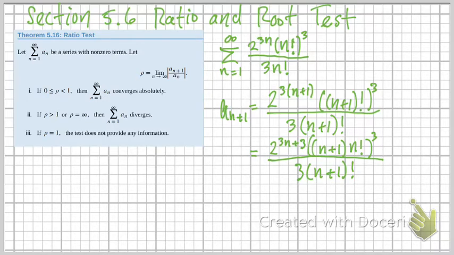So if we take rho equaling the limit as n goes to infinity, on the top it's going to be all that a sub n plus 1 business there, so that's going to be 2 to the 3n plus 3, and then I'm going to have the n plus 1 times n factorial, and I can just do cubed on each of those, and then just get rid of this here altogether.